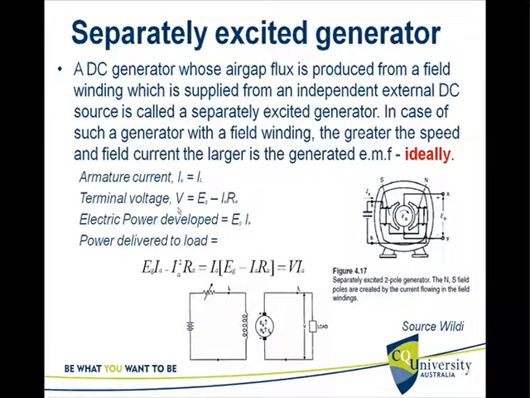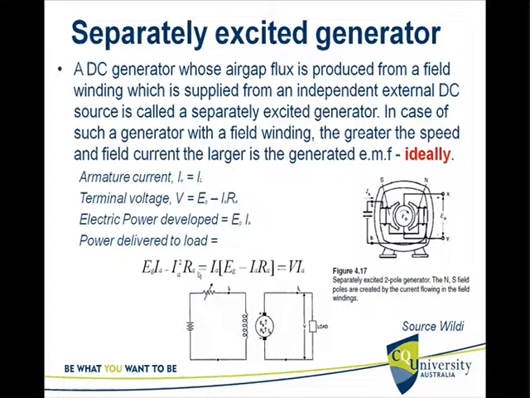So the terminal voltage V can be written as EG, which is the induced EMF inside, minus the armature current times the armature resistance, IA RA, and the electrical power developed will then be EG times IA, because that's what is developed inside. The power delivered to the load will be that minus the resistive voltage drop.